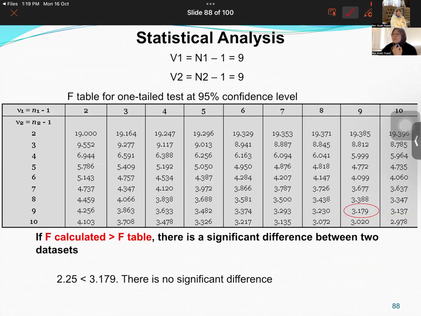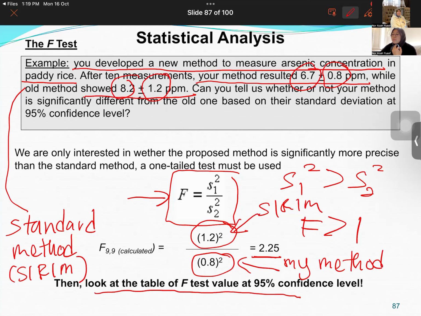I don't know whether you are very familiar with this table or not. We look at the degree of freedom. This is very important to follow, since we have decided that the value at the top is by CHM and the value at the bottom, the denominator, is by my developed method.